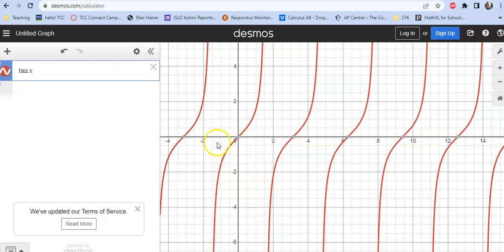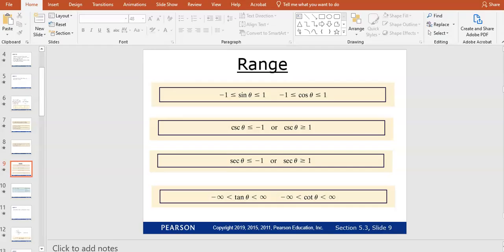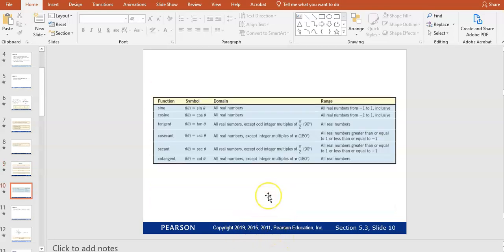My domain is every pi over 2 from there, but my range will be all real numbers, negative infinity to positive infinity. And here's a table. I'm not sure if you ever want to memorize that, but you just need to understand it when you're looking at the graphs. You can use your Desmos graph to see that as well.